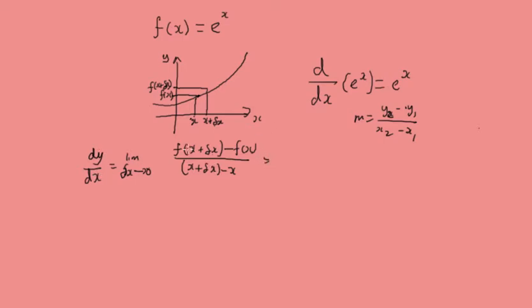Now let's put in the function, the limit as dx heads towards 0. So the function there is e to the x plus dx minus e to the x, and then we'll just have dx.